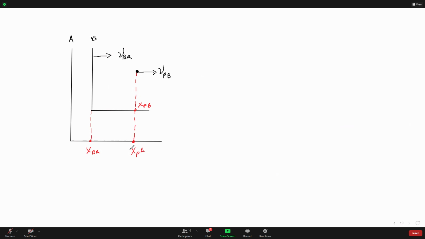Now, looking at this, it's obvious that the position X of the particle measured in frame A is just the position of the origin of B with respect to A, plus the position of the particle with respect to B. So positions are easy.